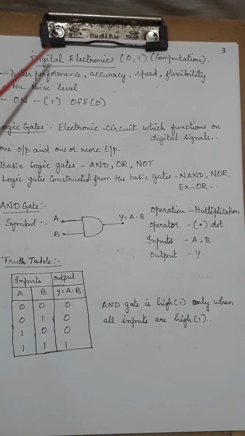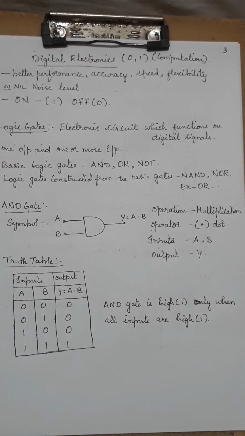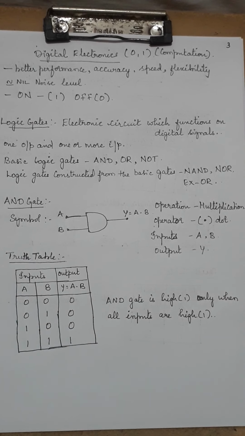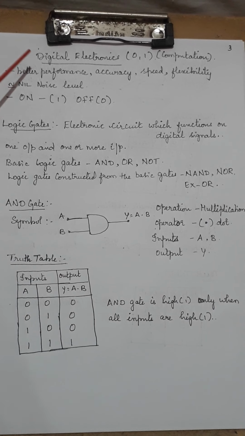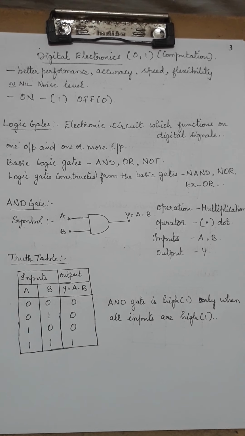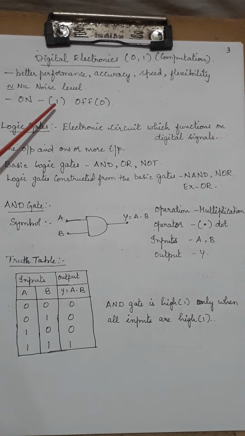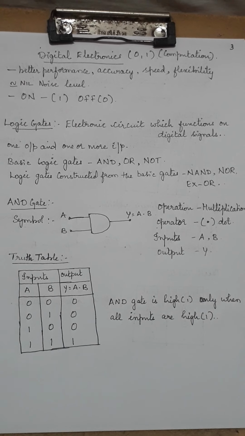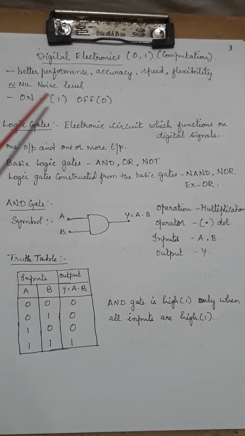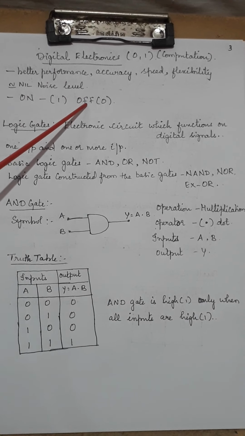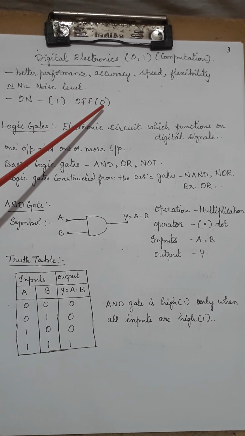Okay. So here, why did you have two kinds of signals? One is analog signal, whatever we were learning till now. Now the digital signals. But the digital signals are made up of only either 0 or 1. That is, you will take some condition as on if it is going to give you an answer of 1. And it will be taken as off if it is 0.